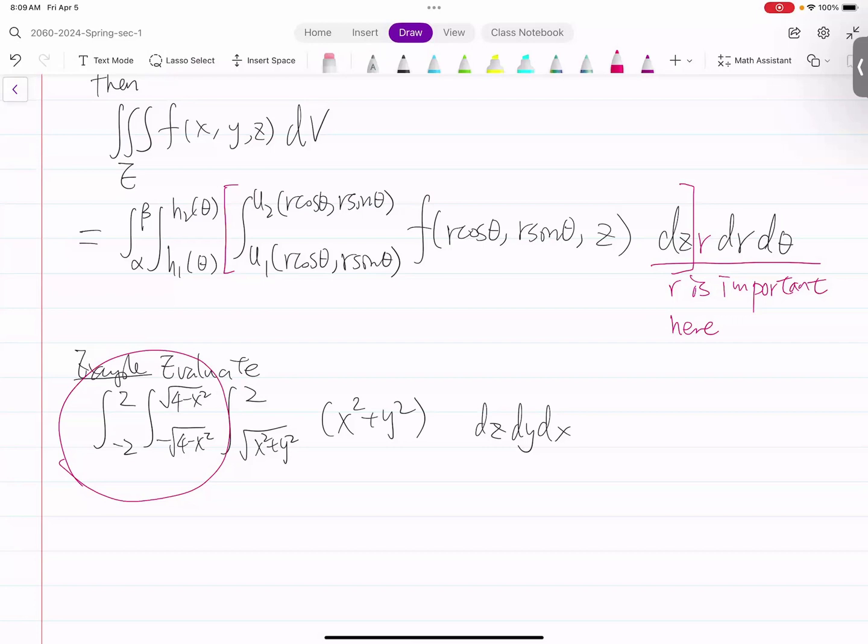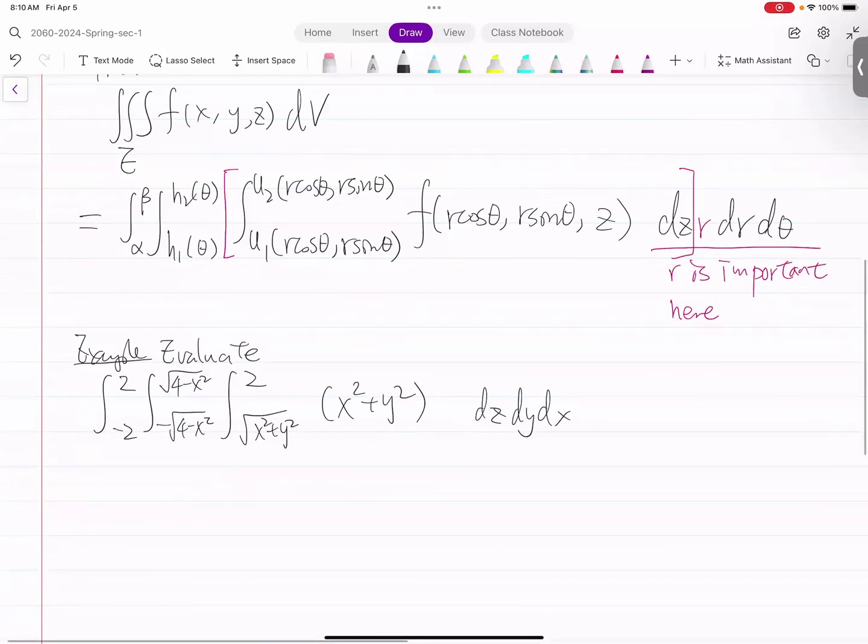And also we notice that the innermost integral has the sum of x squared plus y squared under the radical. This is a hint that if you utilize polar coordinates in terms of x and y, it's going to be nice.